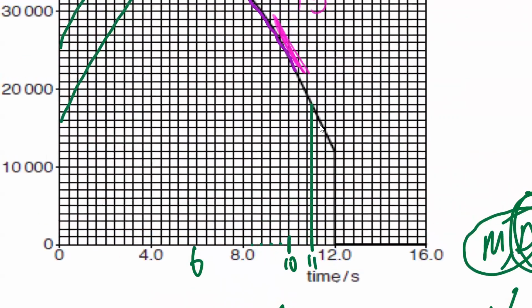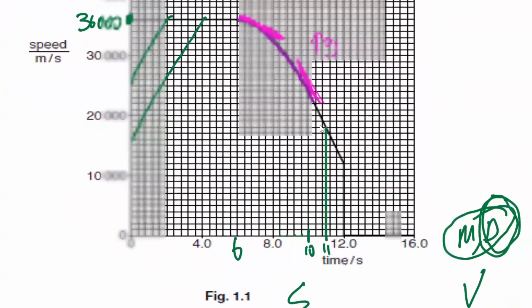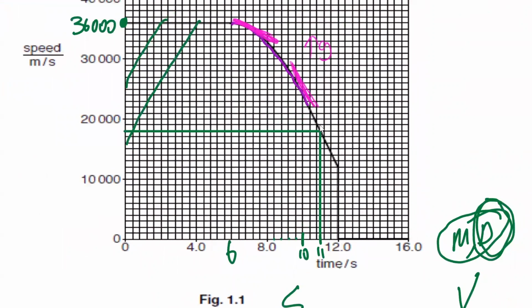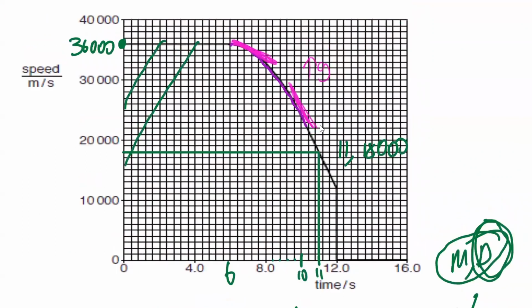Now, guys, pay attention, this is also very commonly asked in the exam. Some students, you know what they'll do? They'll find the coordinate here, which is going to be 11 over 18,000.